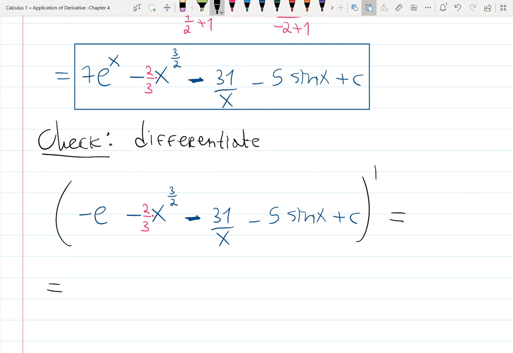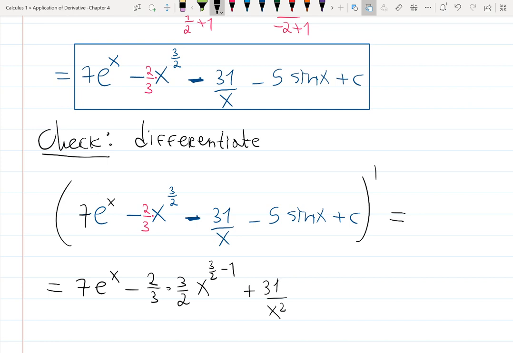So I can find a derivative of my answer. Derivative of my answer is, so it was 7 and x here. Derivative of 7e to the x is 7e to the x minus 2/3 times 3/2 x to the 3/2 minus 1 minus, what is derivative of minus 31 over x? It's going to be plus 31 over x squared, right?